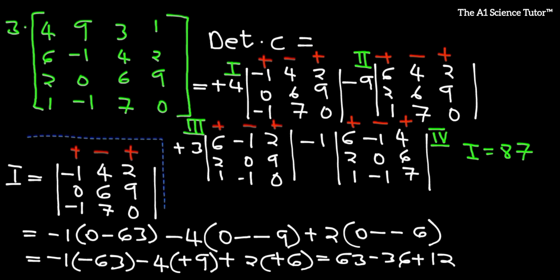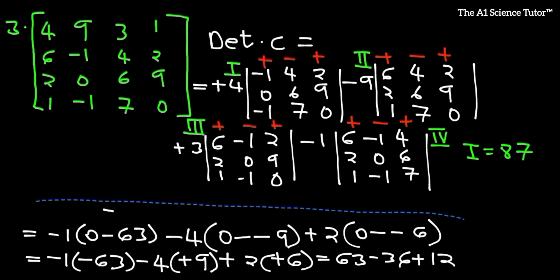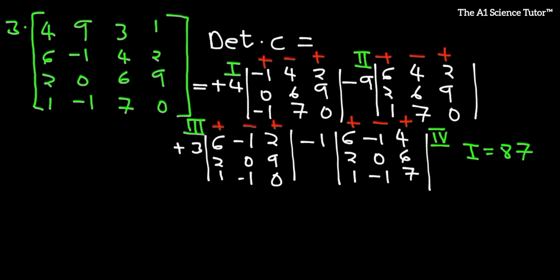Now let us go on to the second. So the second matrix, or the second determinant rather, that is 6, 2, 1, 4, 6, 7.